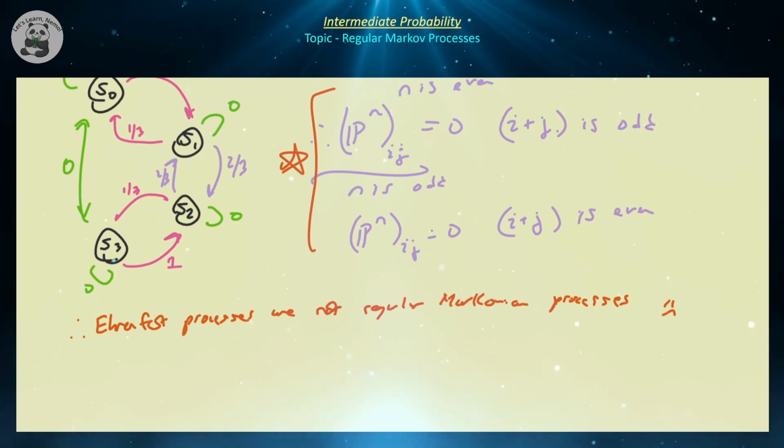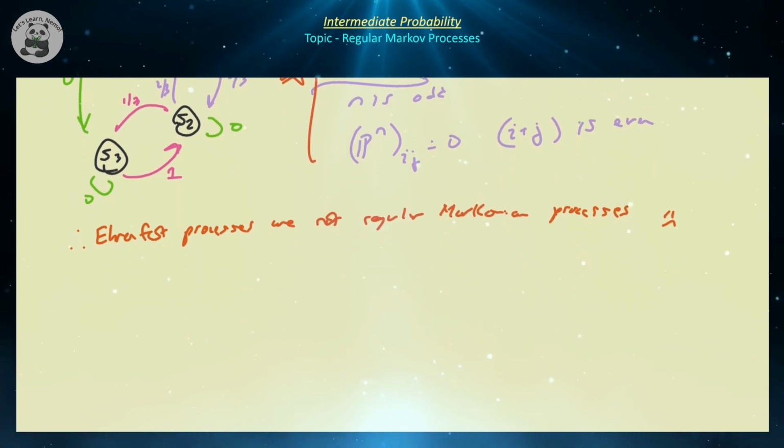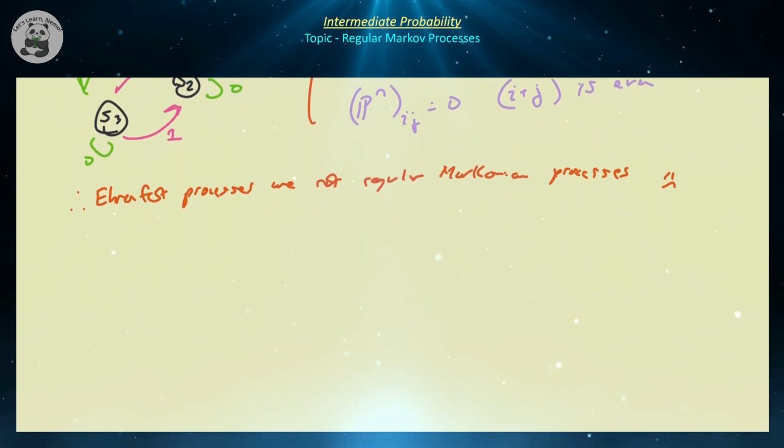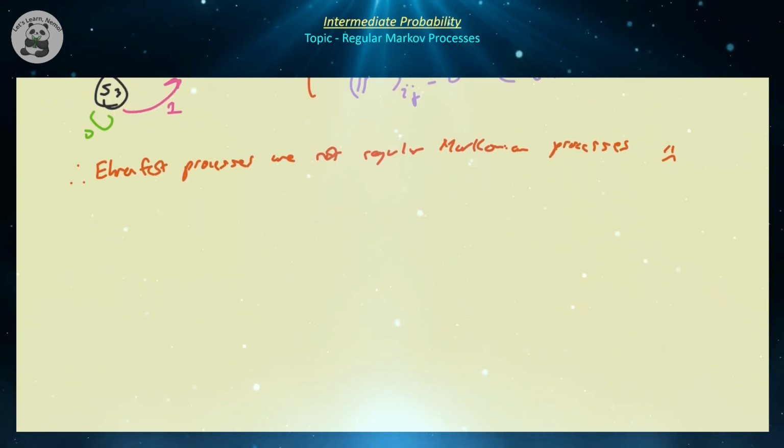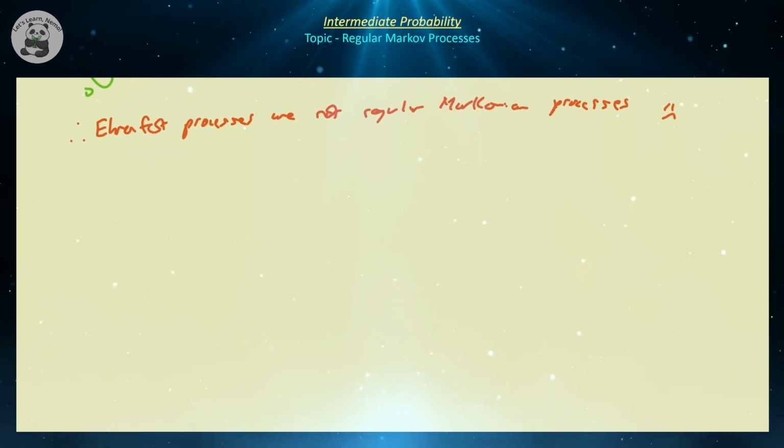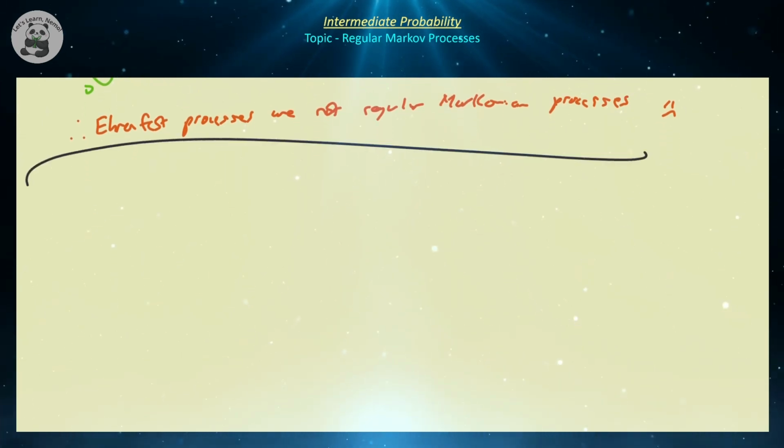Even though they do have several applications, they do not have this unique limiting distribution property associated to them. So what exactly does the limiting distribution of Ehrenfest processes actually have? Let's take a look at the eigenvalues and see if they can shed any light on our problem.